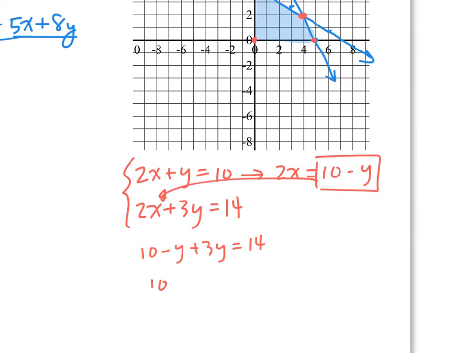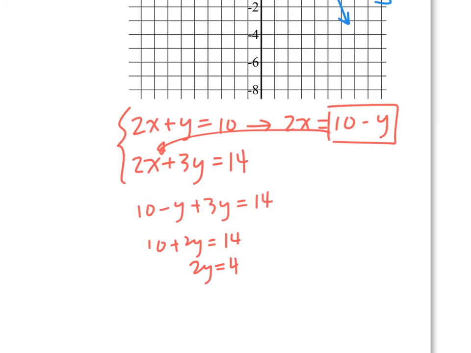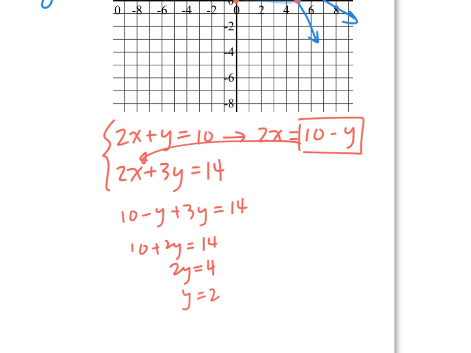So that's 10 plus 2y equals 14. 2y is 4, so y is 2. Now I just plug it back in to solve for x. So from the same equation here, 2x is equal to 10 minus 2. 2x is 8, so x is 4.